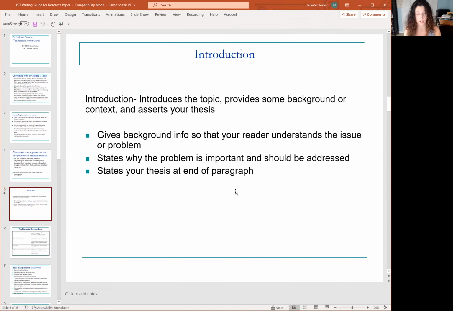In your introduction, I want you to make sure that you not only introduce the topic and give a little background, context, rationale, have your thesis in there, and you really need to make it clear why this problem is important and why we need to address it. That should be in your introduction.